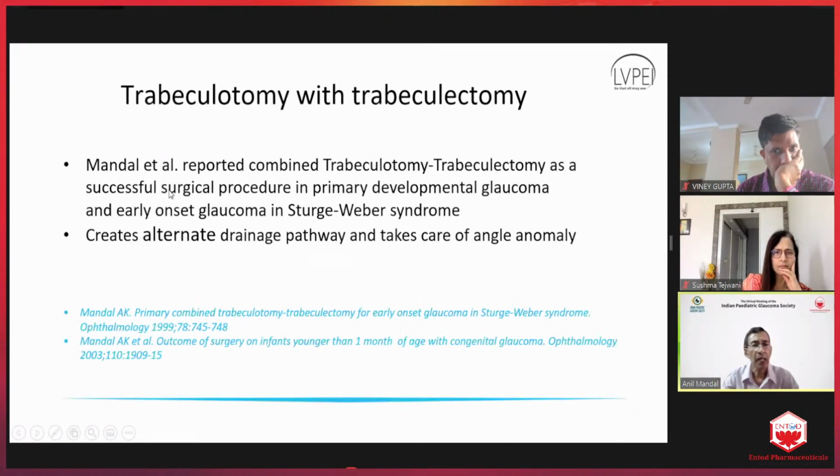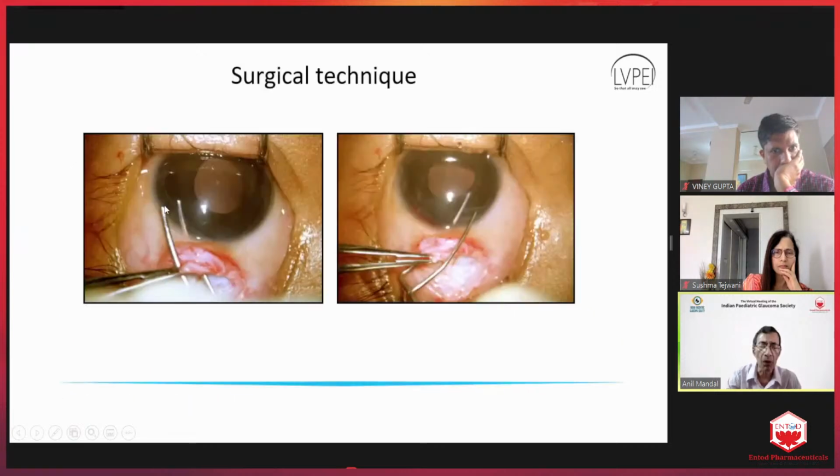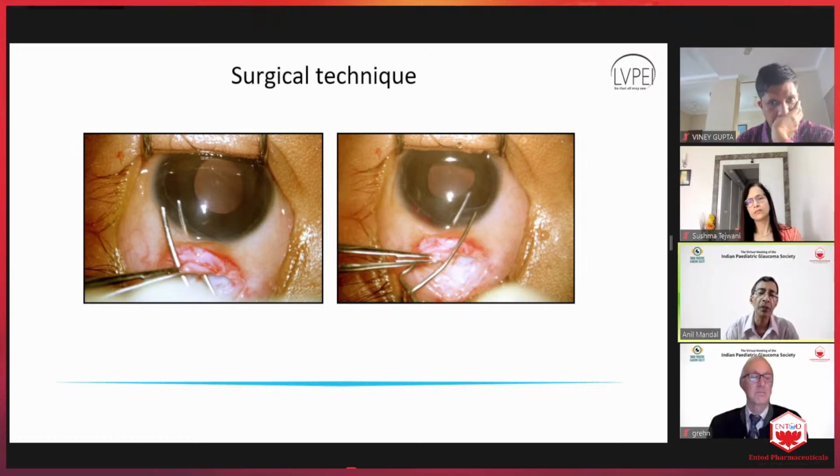Now, I'll say trabeculotomy with trabeculectomy, because in a significant percentage of cases, compared to primary congenital glaucoma, there may be abnormality in Schlemm's canal and the post-canalicular outflow channel, a maldevelopment. Considering that as the anomaly, in a case of Axenfeld-Rieger anomaly, combining trabeculotomy with trabeculectomy gives better results.